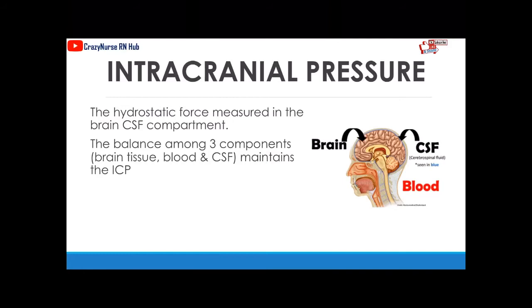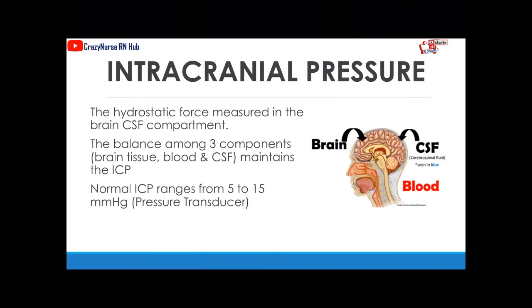Factors that influence ICP under normal circumstances are changes in, first, arterial pressure, second, venous pressure, third, intra-abdominal and intrathoracic pressure, fourth, posture, fifth, temperature, and lastly, blood gases, particularly carbon dioxide levels. The degree to which these factors increase or decrease the ICP depends on the ability of the brain to accommodate to the changes.